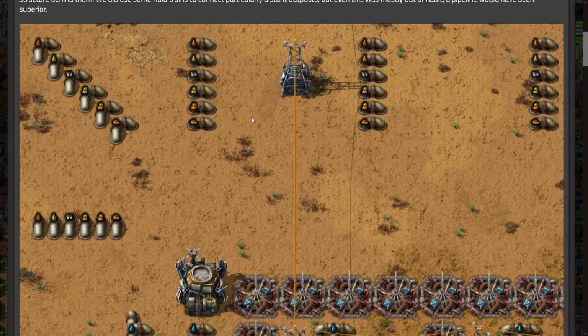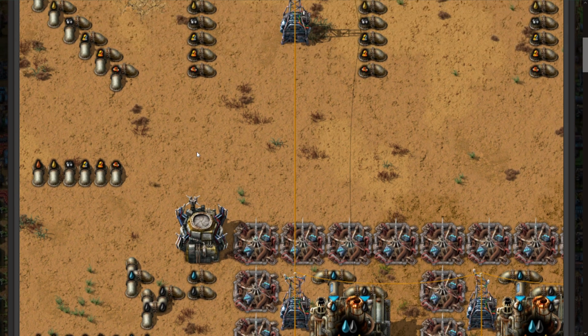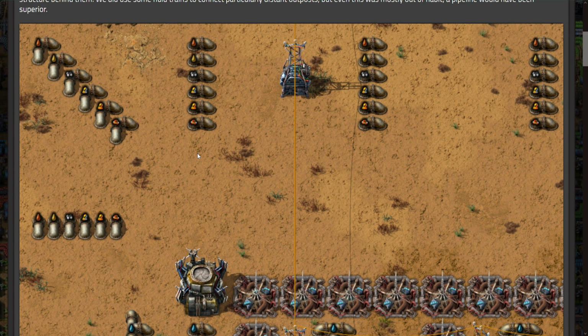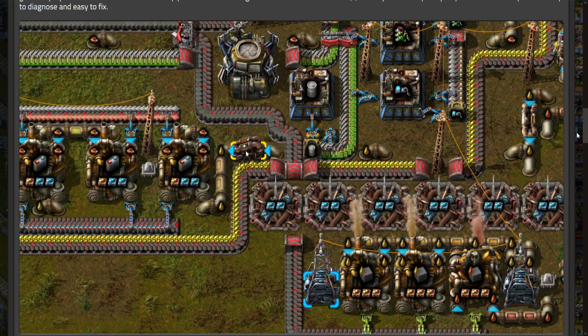But yeah, I guess we will see less of this and more of fluid trains again. I guess we will still see something like this with maybe some ingenious pump setup, but hopefully factories will still be quite diverse in how they work with fluids.